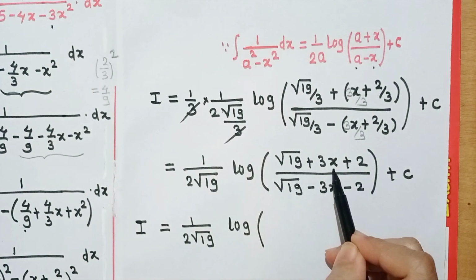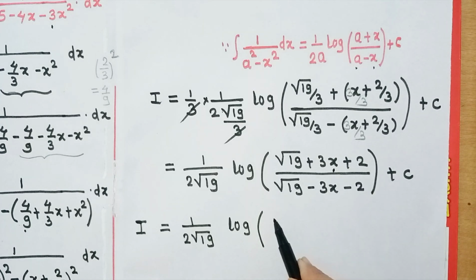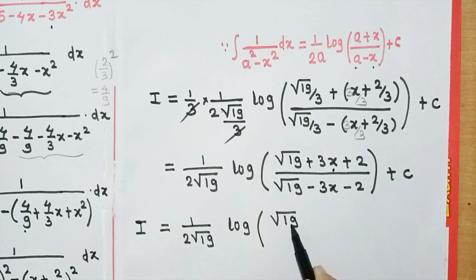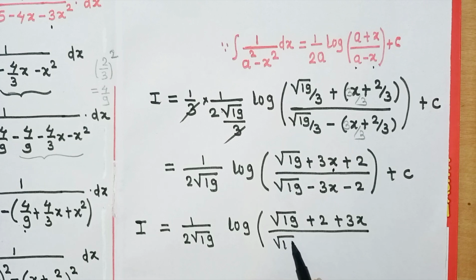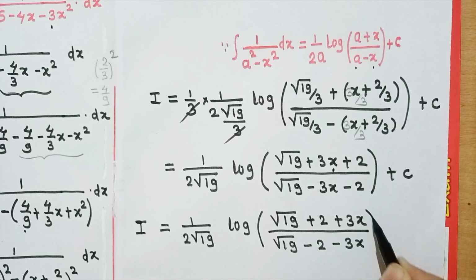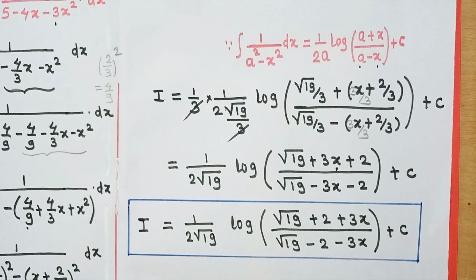We will write the variable term last. So again we have root 19 plus 2 plus 3x, and in the denominator root 19 minus 2 and minus 3x, this bracket complete, and plus c. This is the final answer of the given example.